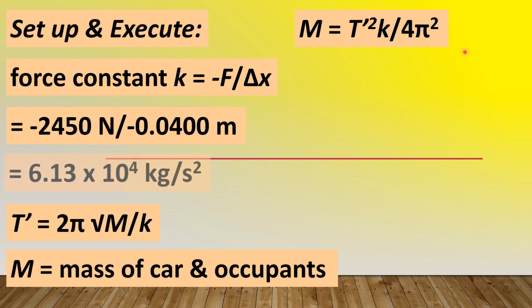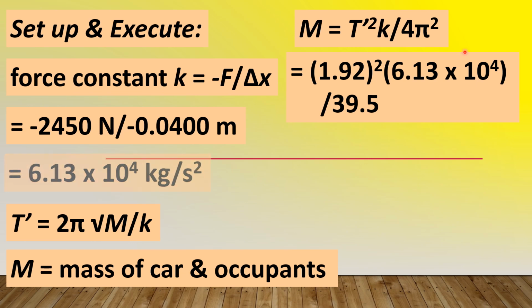So substituting, we have 1.92, this is the given value of T prime, square that, and then multiply it by the value of K, 6.13 times 10 to the fourth power kilogram per second squared.